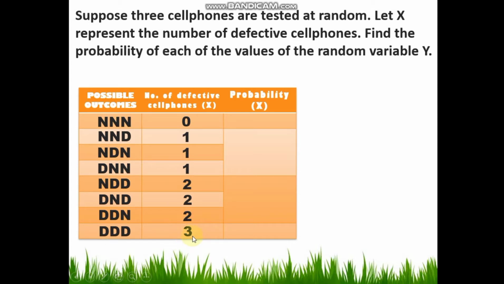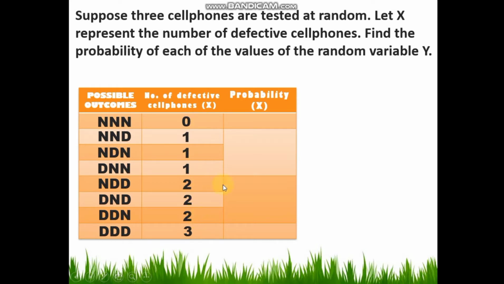Now, we are looking for the probability of each value. So, what's the probability that there is no defective out of all your outcomes? So, in here, what's the probability that there is a 0 value out of how many outcomes here? So, we have 1 out of 8.